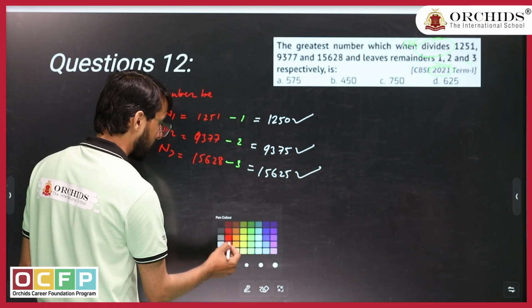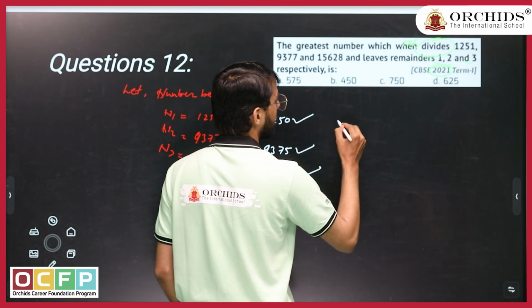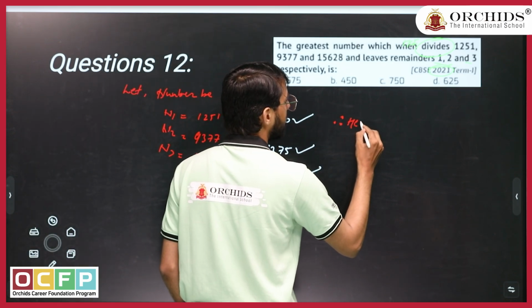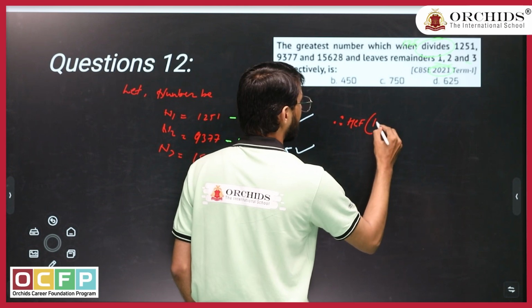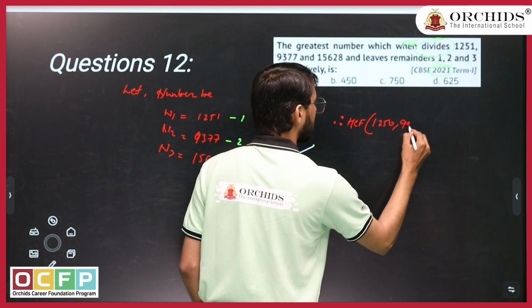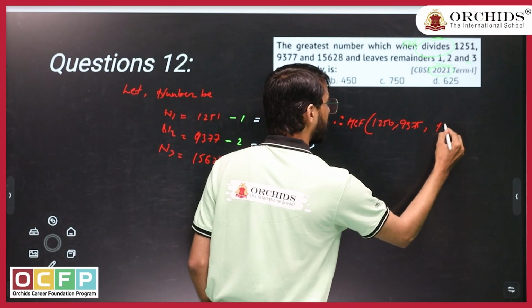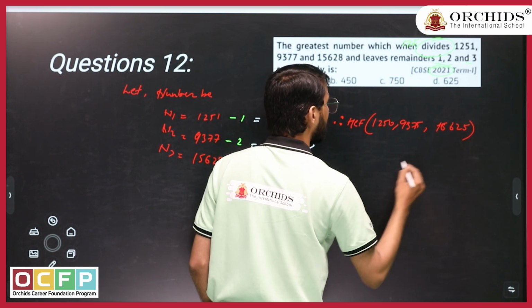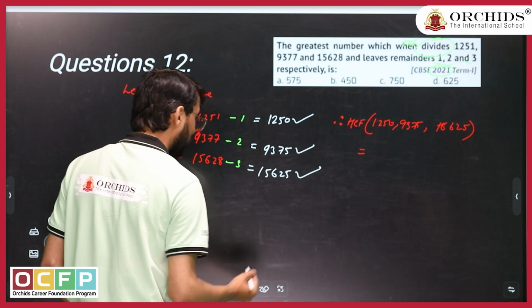So what do we have to do next? Find the HCF. So HCF of 1250, 9375 and 15625.